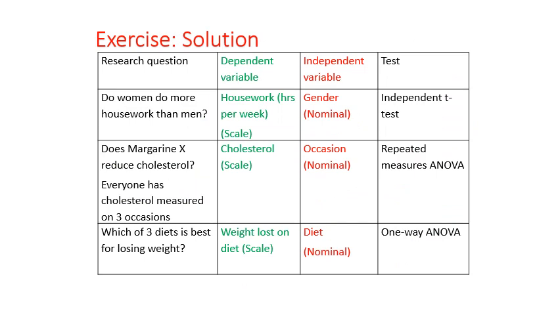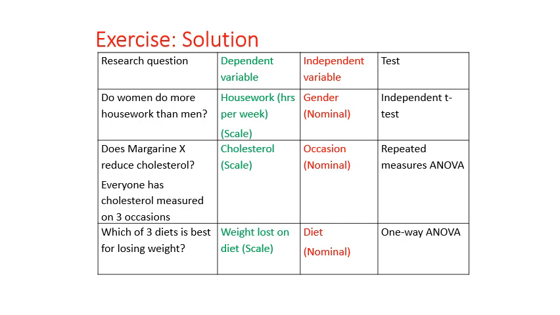And if we have this, okay, so do women do more housework than men? So housework is your dependent, that's in terms of hours. The independent is the gender, that's nominal. So we are going to use the test statistic, which is independent t-test.